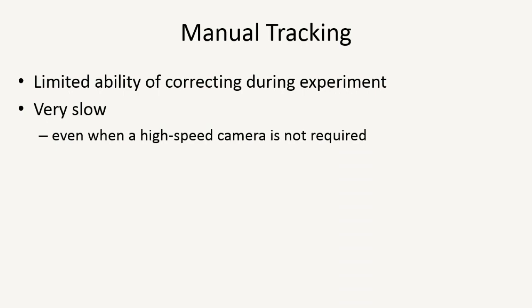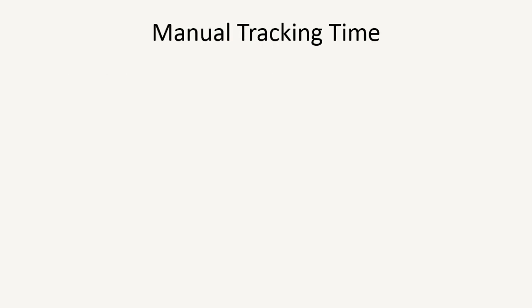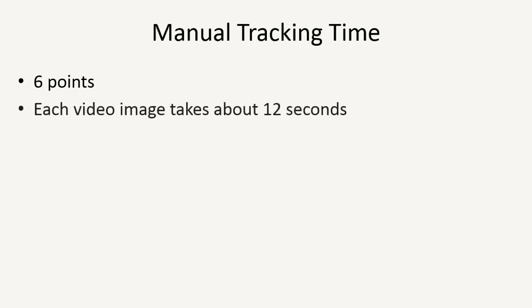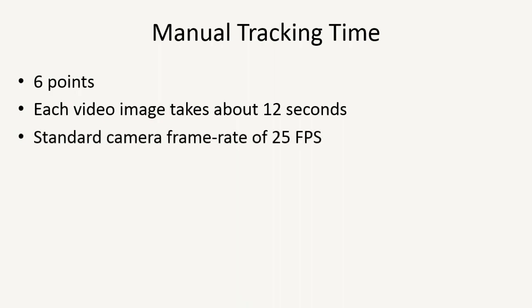Let's make a quick calculation to get a feeling of how slow manual tracking is. Let's say we want to track 6 points on the animal's body, so labeling each video image would take about 12 seconds, let's say 2 seconds per point. And let's say we are using a standard camera with a frame rate of 25 frames per second.